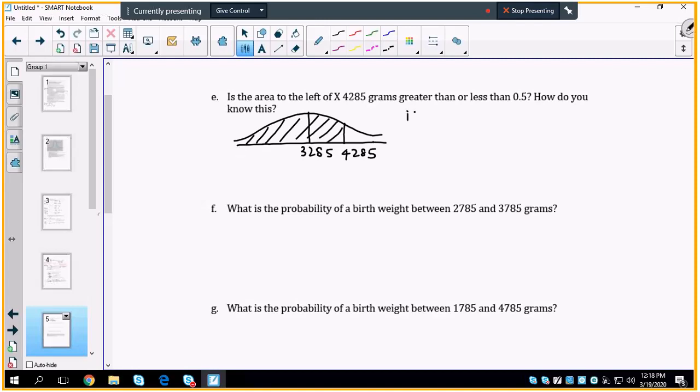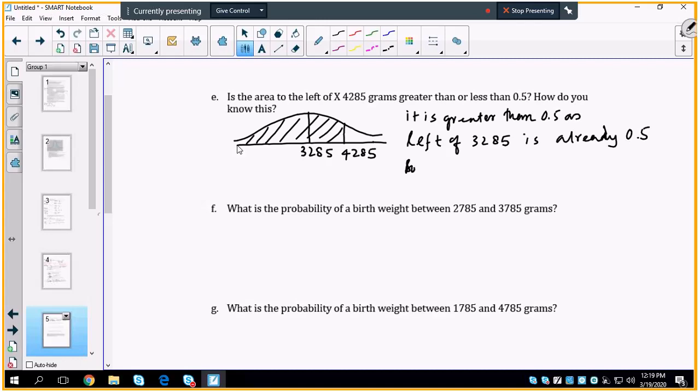I will say it is greater than 0.5 because the left of 3285 is already 0.5, since 3285 is the mean. So anything further right will be more.